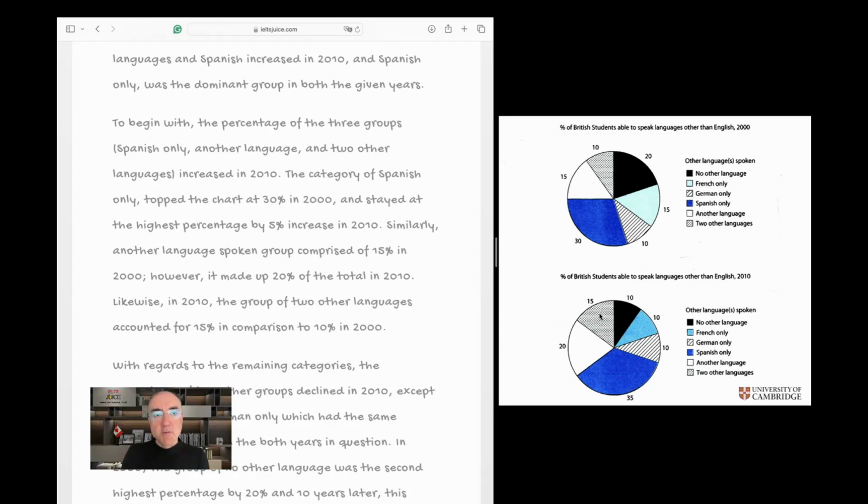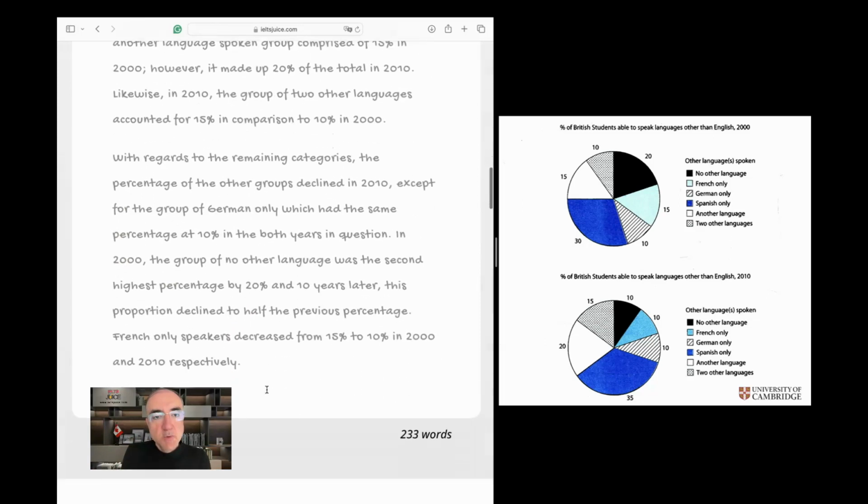I love this pattern. This paragraph should have been called the paragraph for the ones that increased only 5%. That would have been a logical approach. You put these three items, the two other languages category, another language category, and Spanish only category, into the category which increased from 2000 to 2010. That sounds great. That would be one paragraph.